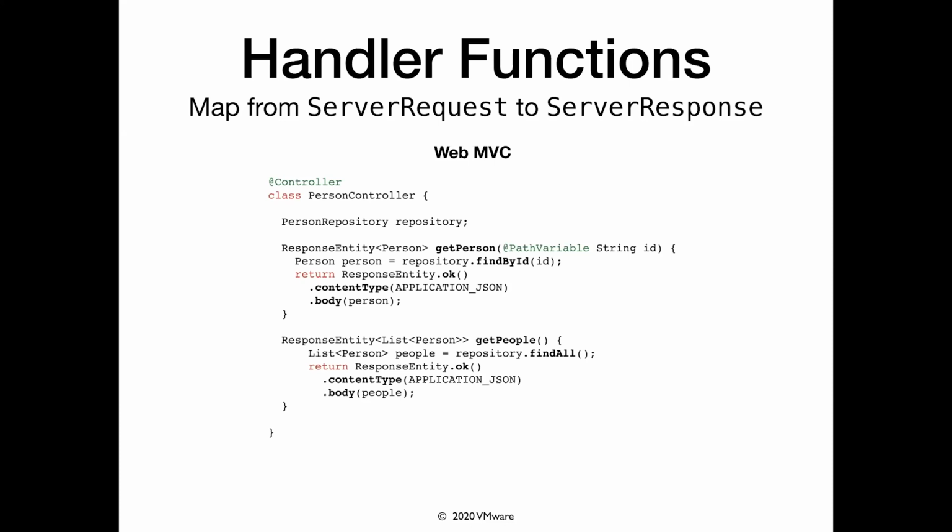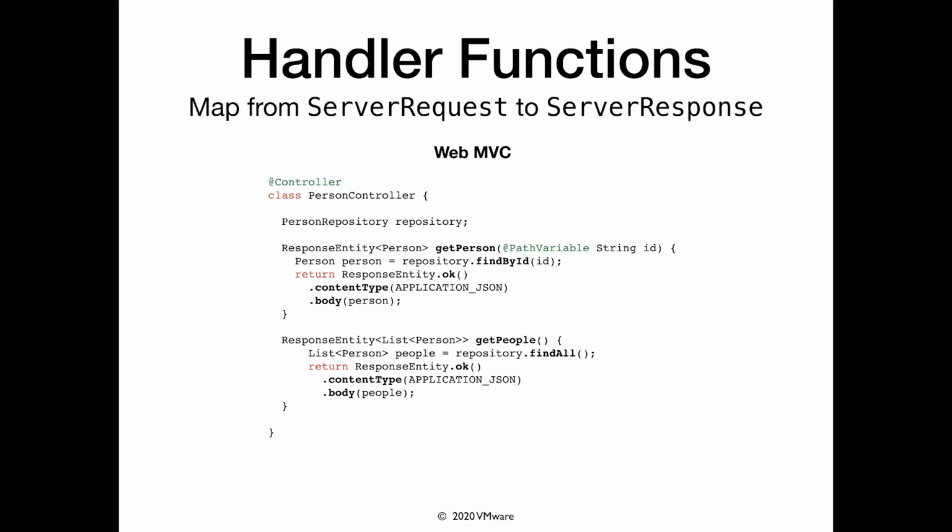Now here we have a controller, let's say a WebMvc controller. What it does is very simple. It does a little bit of REST-like interaction, exposing a person repository. We have a getPerson method requiring a path variable. We use that ID to look up a person, and then we return a response entity with the status code 200, and the content type is application JSON.